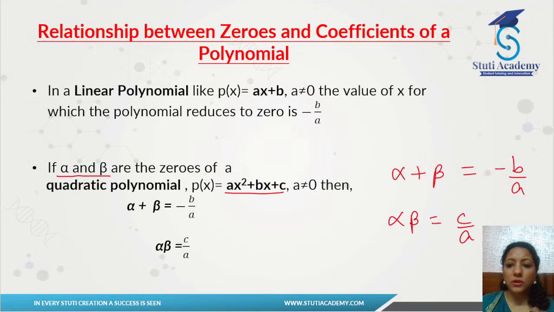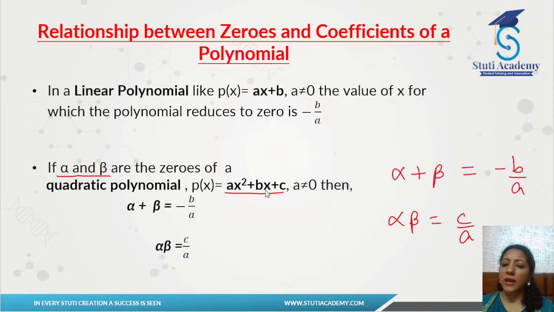Now something very important which we discussed today in detail, the relationship between the zeros and the coefficients of the polynomial. For the linear polynomial, we have the standard form ax plus b. The value of x for which the polynomial reduces to 0 is minus b by a.